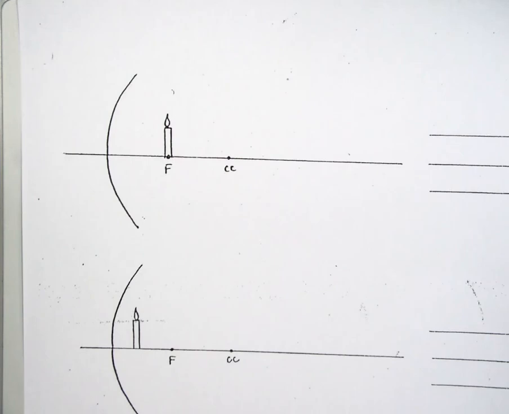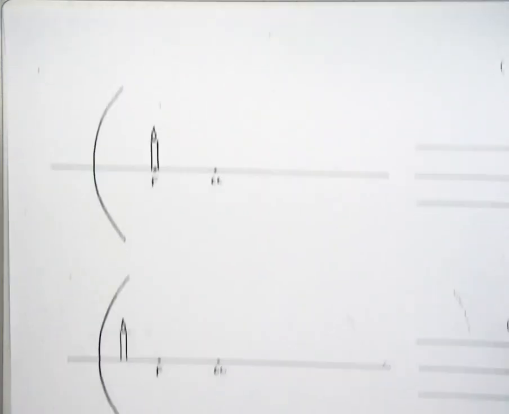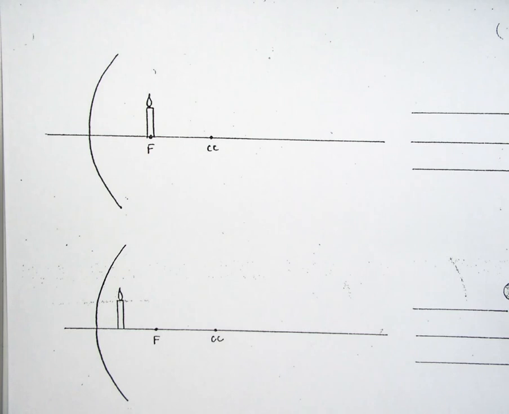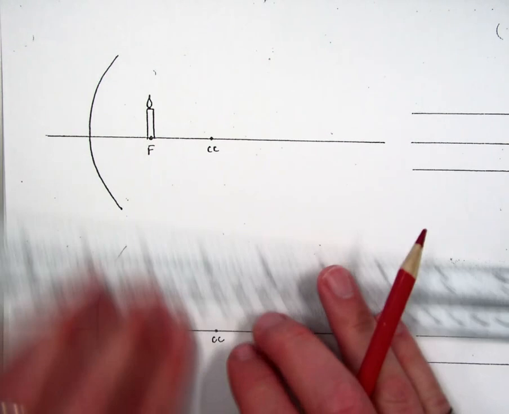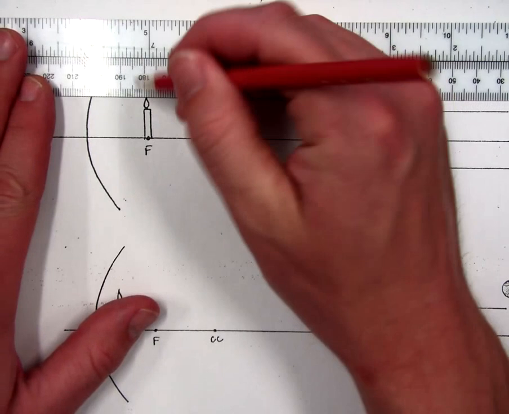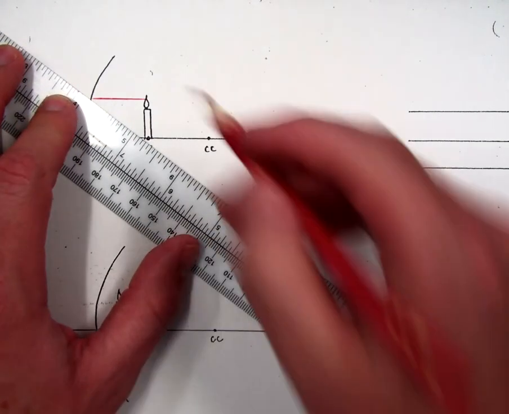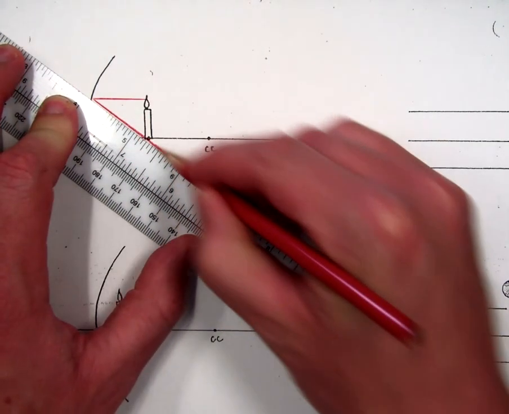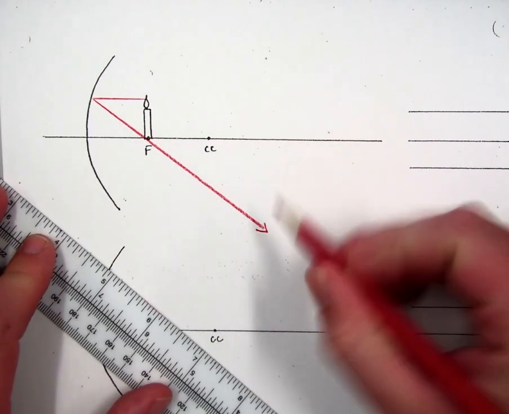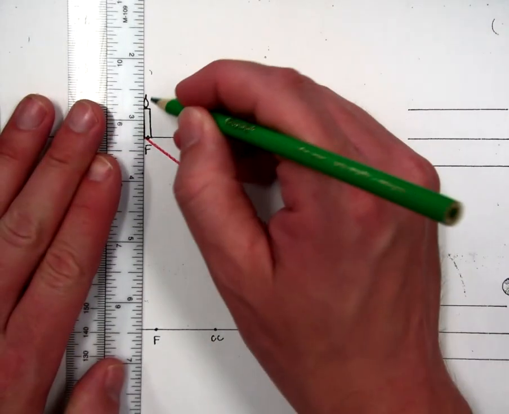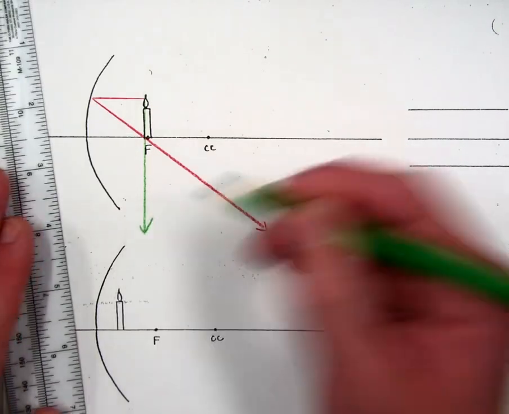So let's take a look at some tougher scenarios. What if my object is actually at the focal point? Well, ray 1, remember, comes in parallel and comes out through the focal point. Ray 2 goes through the focal point, and that doesn't make any sense because it's not going to hit the mirror.